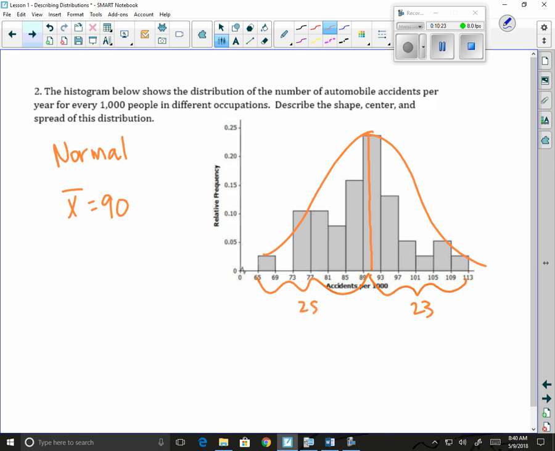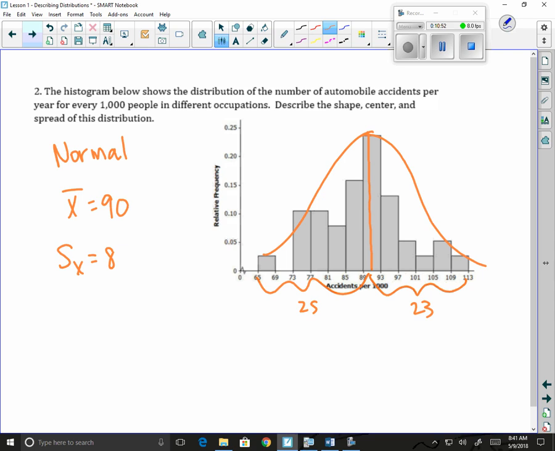Now I want to spread the data so that 3 standard deviations above get to that top number. So if I take 23 and divide it by 3, I get about 7.6. If I take 25 and divide it by 3, I get about 8. So what I'm going to assume is the standard deviation is 8. And again, it's an estimate. If you put 9, it's not wrong. If you put 7, it's a little small, but not wrong.